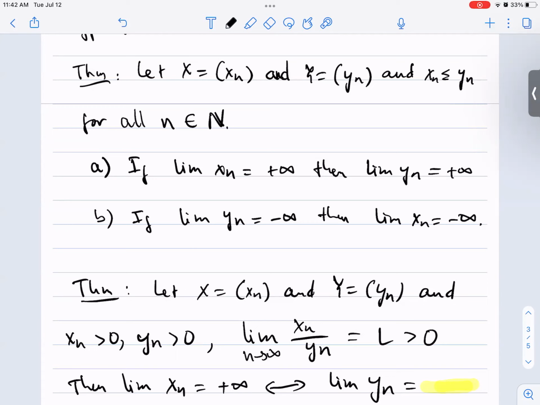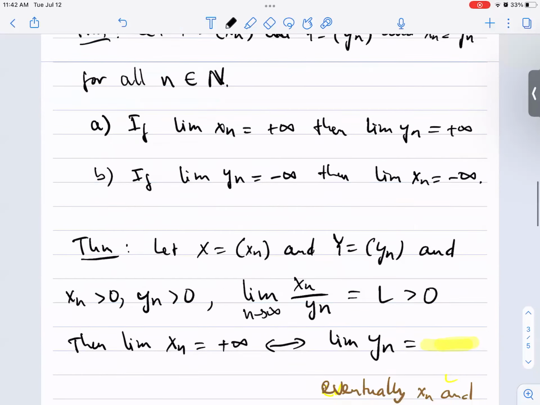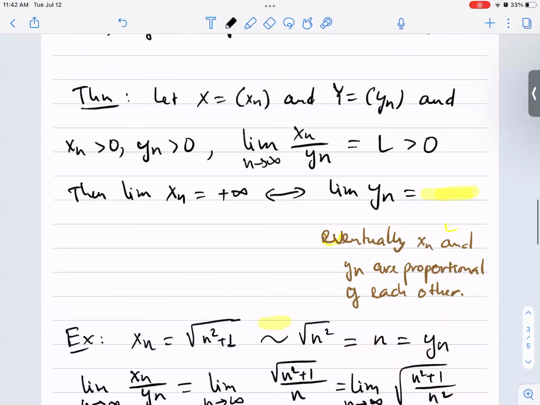If the limit of the smaller sequence is plus infinity, then intuitively the limit of the bigger sequence yn is also plus infinity. On the other hand, if the limit of the bigger sequence yn is minus infinity, then the limit of the smaller sequence is also equal to minus infinity.